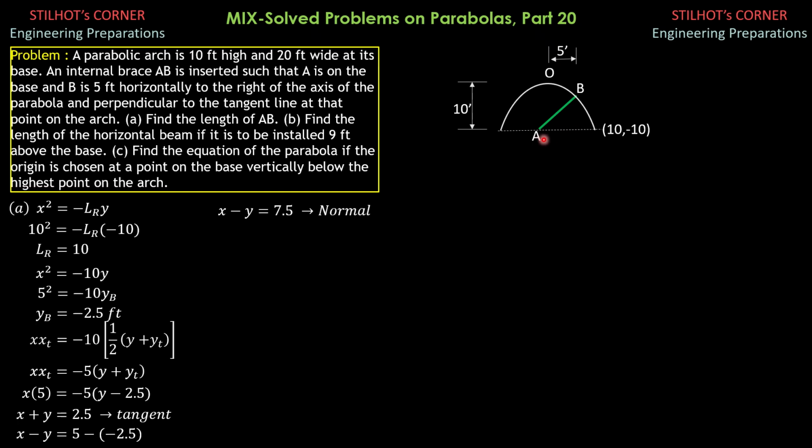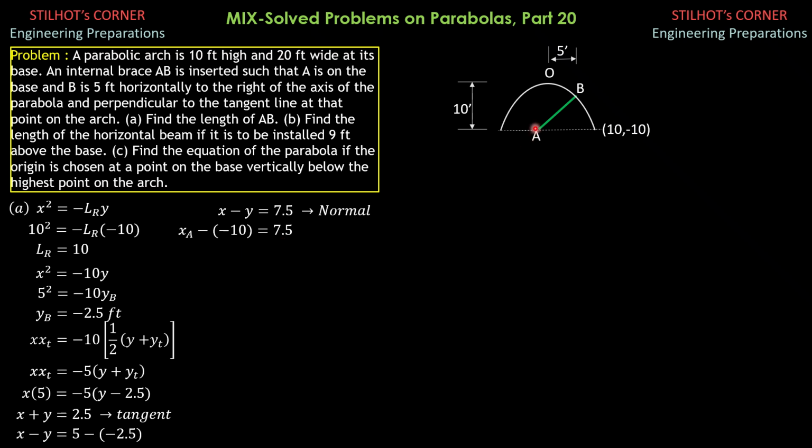So to find the x-intercept of A, YA is negative 10, so we set y equals negative 10, so xA minus negative 10 equals 7.5.